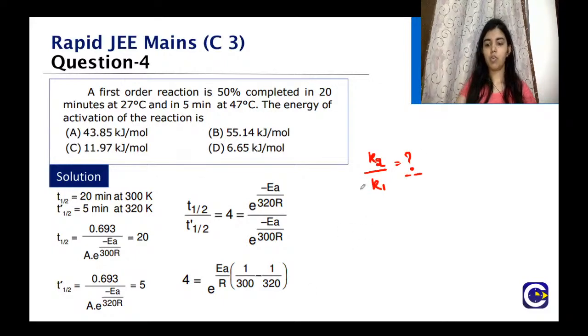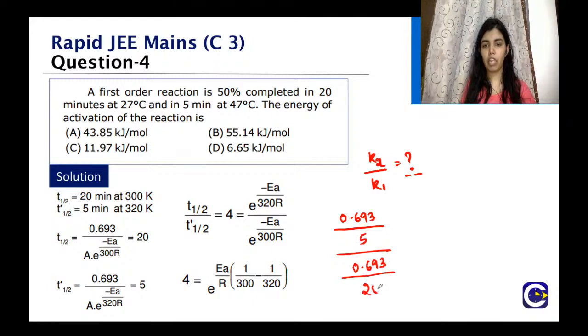So this will be equal to 0.693 divided by 5, upon 0.693 divided by 20, will be equal to e raised to the power minus activation energy by R into 320, divided by A e raised to the power minus EA by R into 300.